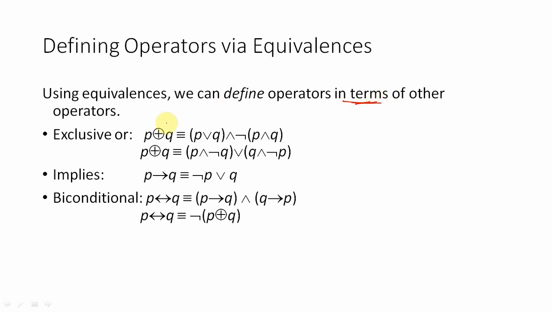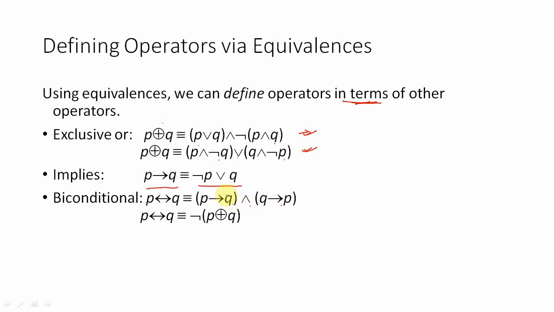You can see over here XOR can be written as this or this, like P XOR Q is logically equivalent to P or Q and not of P and Q, or it can also be written as P and not of Q or Q and not of P. Similarly, P implies Q. This one we have already proven with the help of a truth table. This can be written as not of P or Q. Similarly, biconditional can be written as P implies Q and Q implies P.